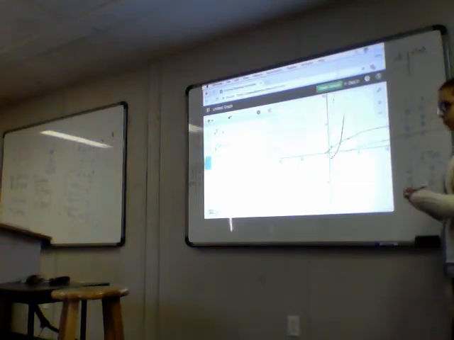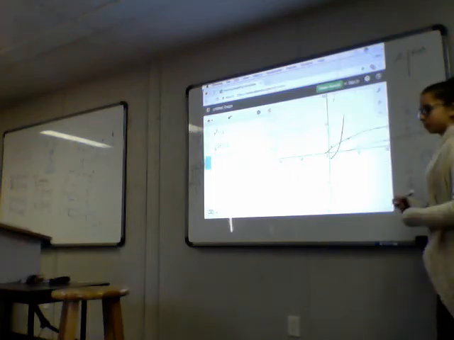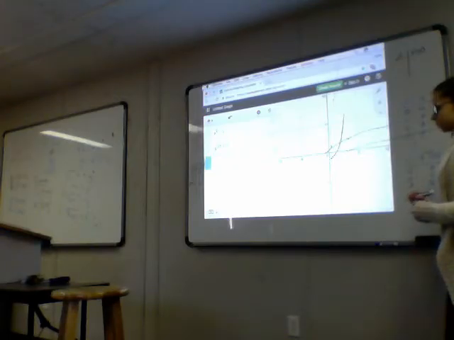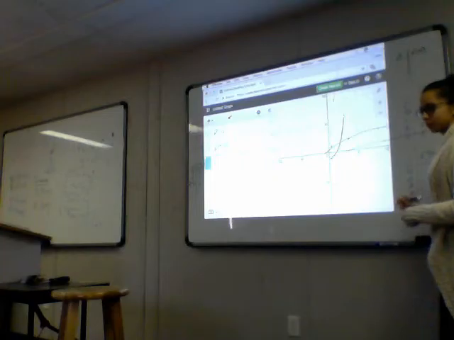It goes through the point x equals 0. So everywhere along that line, x equals 0. What do we call the line where x equals 0 everywhere along it, Amanda? The y-axis.